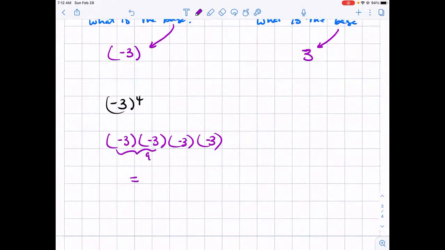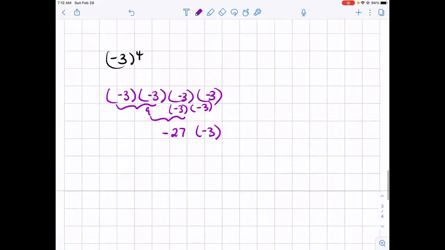And then 9 times minus 3 times minus 3 again. So if you multiply these two, negative 9 times negative 3 is negative 27. And if you multiply that by negative 3, negative 27 times negative 3 becomes positive 81.